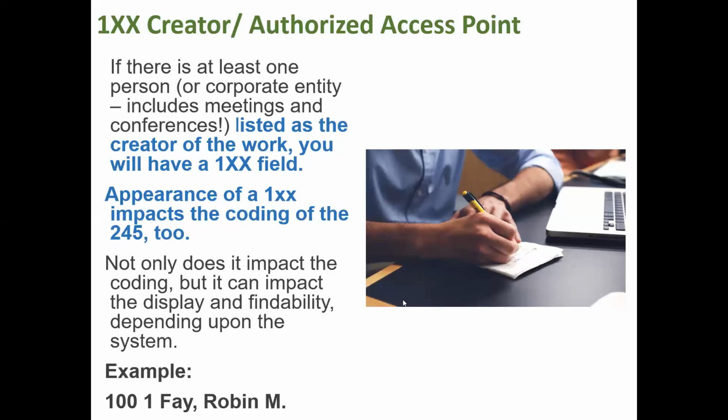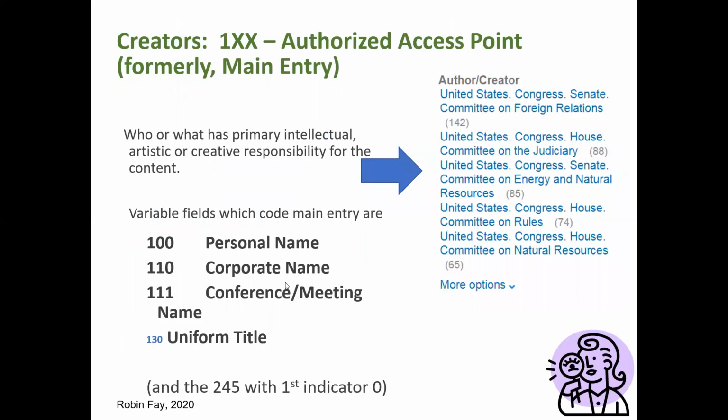So for the 1XX fields, that indicator actually has to do with what order the name is written in, and how it's written comes from the authority file. We'll look more at authority information in part 2. This is called an authorized access point. We used to call these main entry a long time ago, but basically this is our creators.